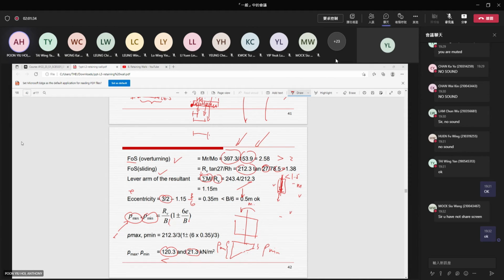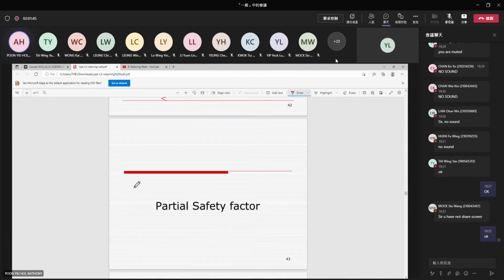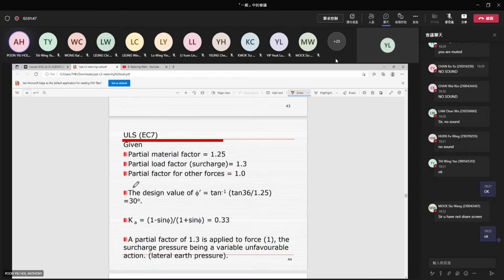OK，partial safety factor。其實類似，is very similar to your structural design.